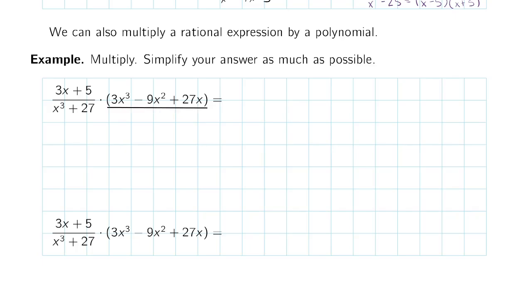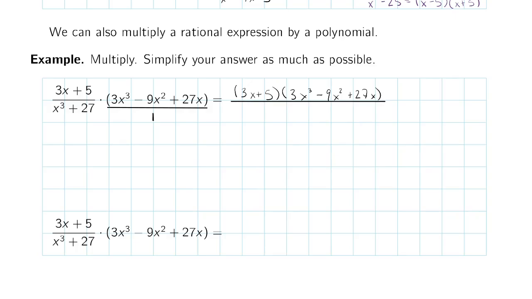In order to be able to do this arithmetic, we're going to understand this polynomial as a rational expression with denominator 1. And therefore, if we multiply the numerators, we'll have 3x plus 5 times 3x cubed minus 9x squared plus 27x. That's our numerator.